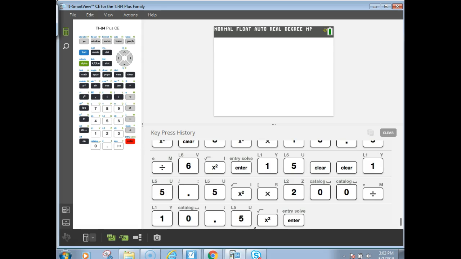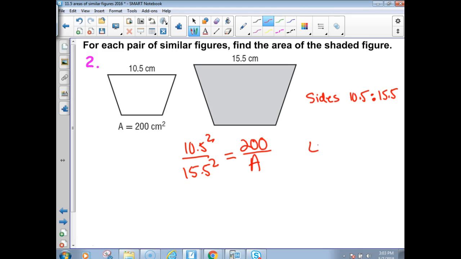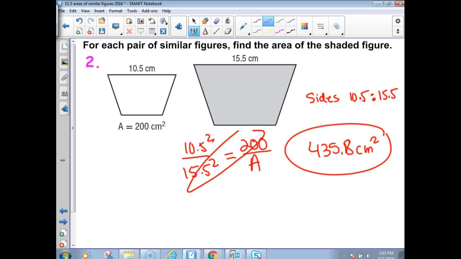All right, so the area of the bigger figure, bang, it's 435.8 square centimeters. Any questions about that? Does anybody have a problem with how I calculated that? You multiply, cross, and divide.